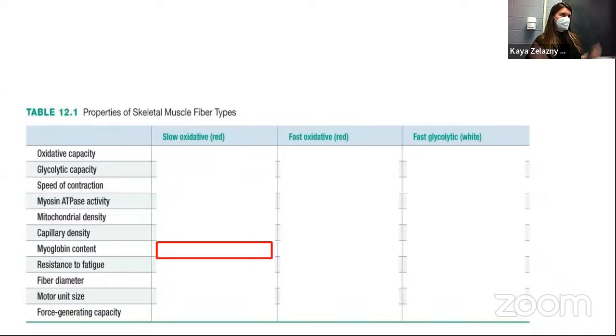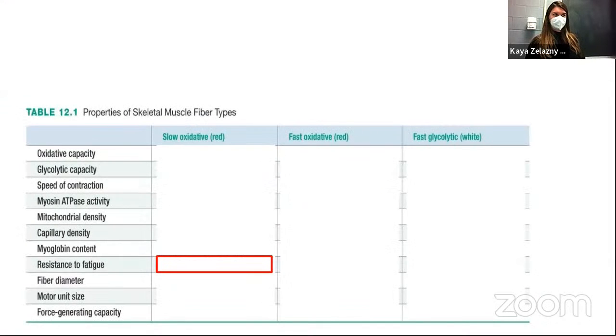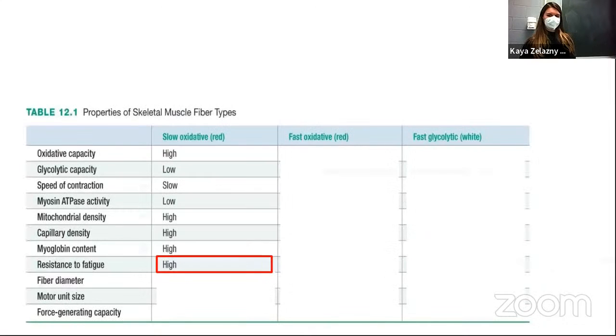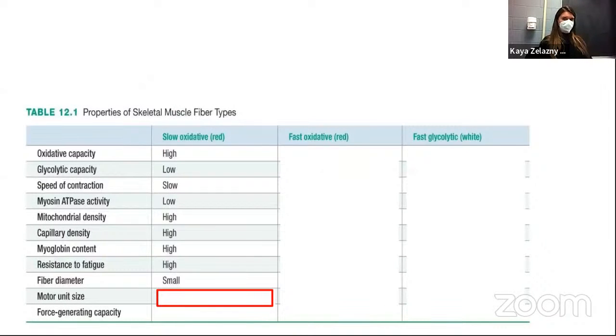Next, myoglobin content. Perfect. Yeah. Resistance to fatigue. Yep, great. Okay. Fiber diameter. Perfect. Motor unit size.